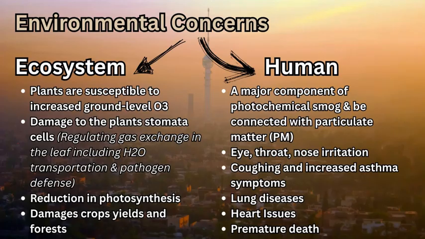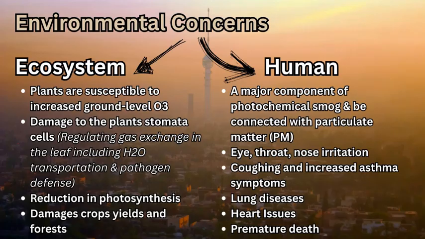Plants can be susceptible to increased O3 at ground level, and this can damage their stomata cells, which are responsible for gas exchange within the leaves, cellular respiration and water transportation, and also the ability of the plant to fight off pathogens or disease. So when they get damaged, the plant is basically less resilient.